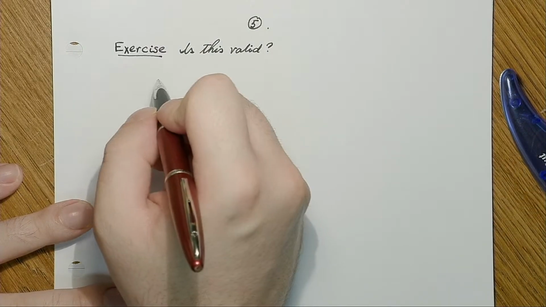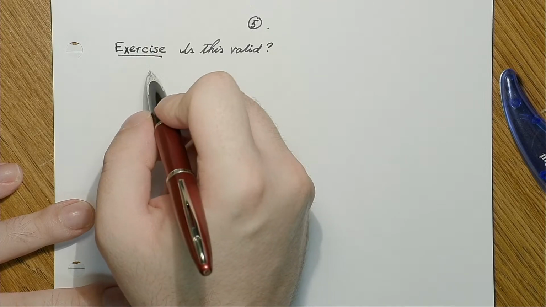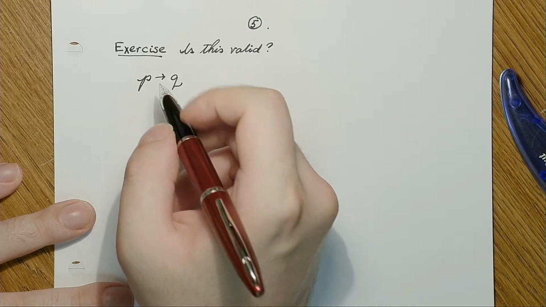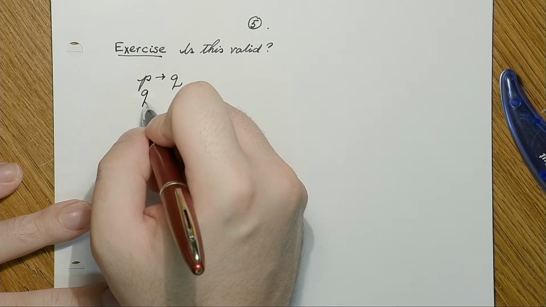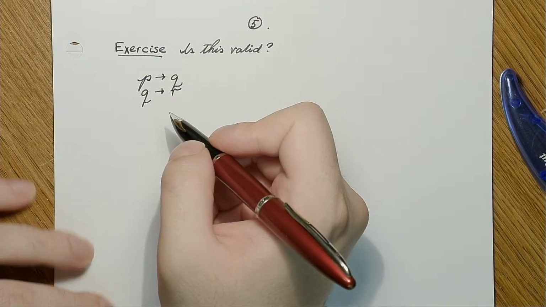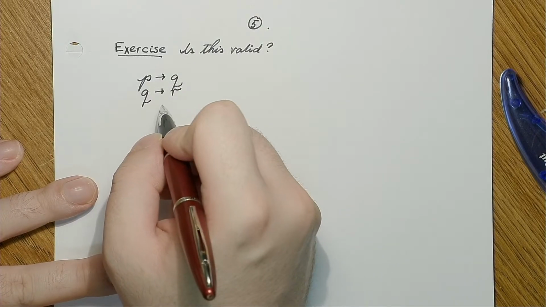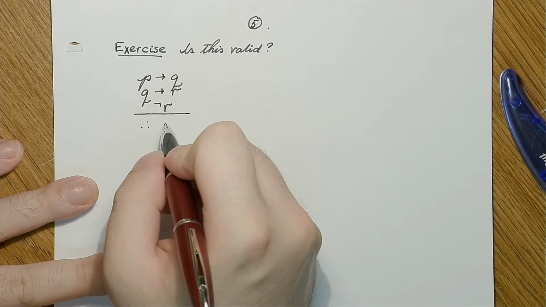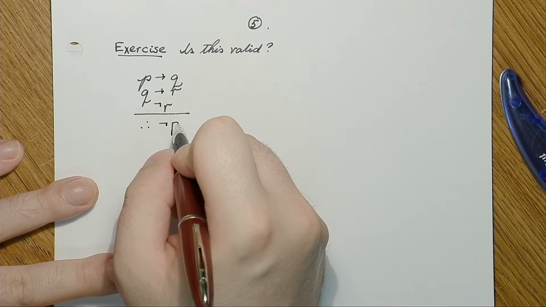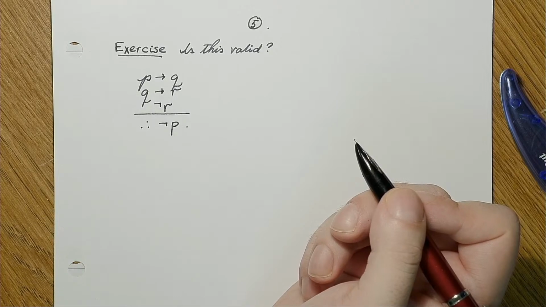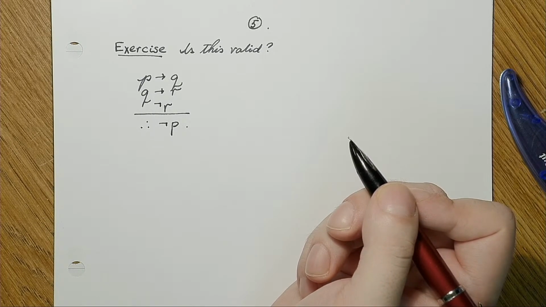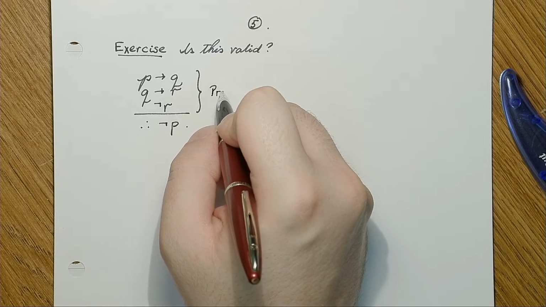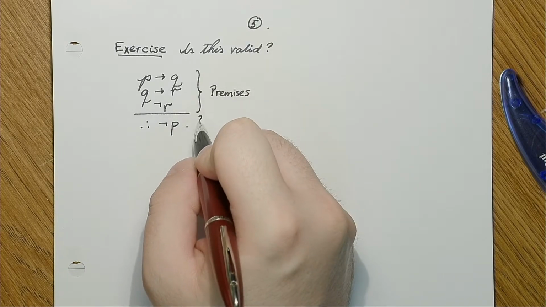So we can look at P implies Q, Q implies R. So, in this argument, we'll have 3 premises. We still have one conclusion.